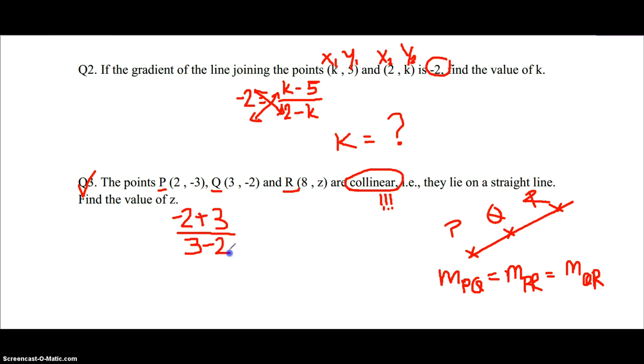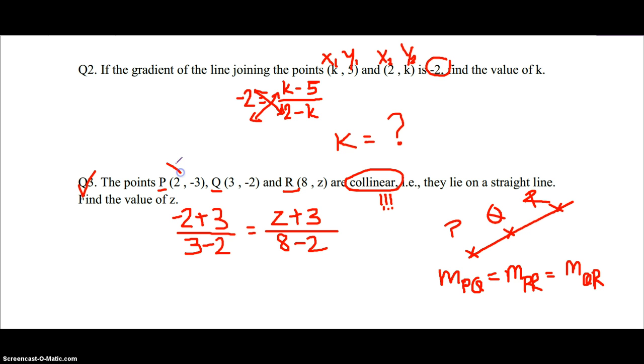I can choose either pair, but in this case I'm going to choose the first two. PQ equals PR. PR will be Z minus 3, which is plus 3, over 8 minus 2. You understand what I mean?